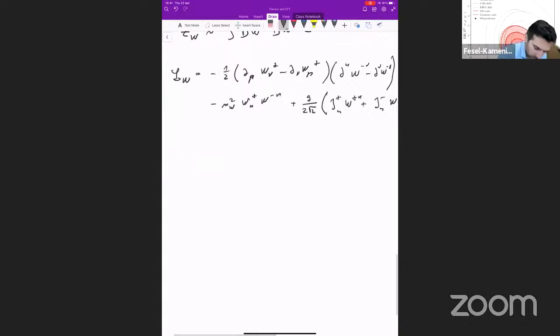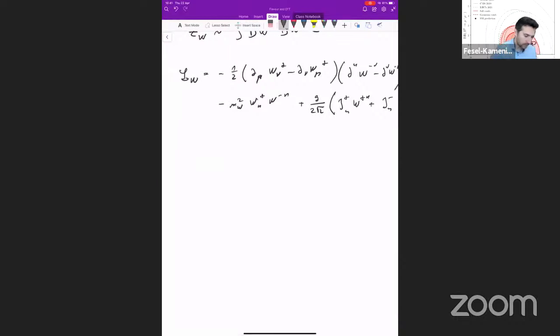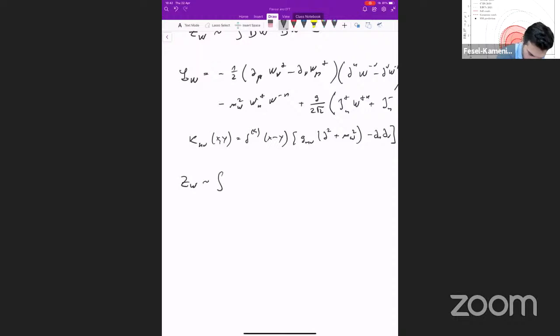Now, in the unitary gauge, one can introduce the following kernel function, K mu nu of x, y, which would be the four-dimensional delta function, x minus y, times g mu nu, partial derivative squared plus m_W squared, minus partial mu partial nu, in terms of which, up to total derivatives, one can rewrite the generating functional in a form which will be more convenient for our calculation.